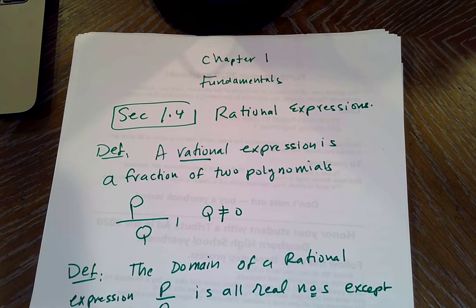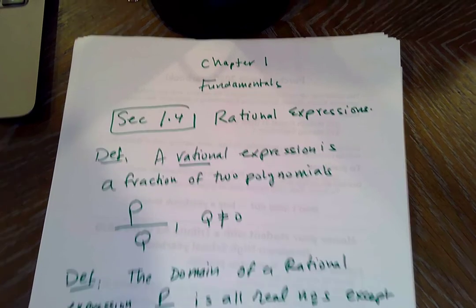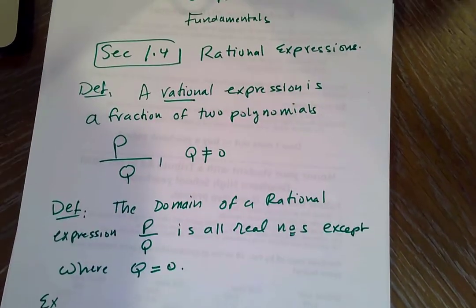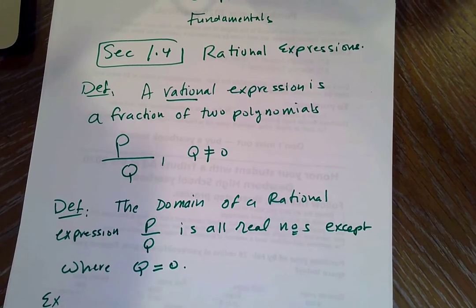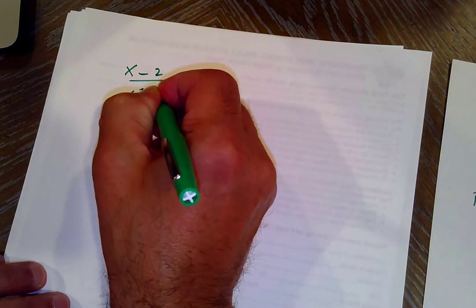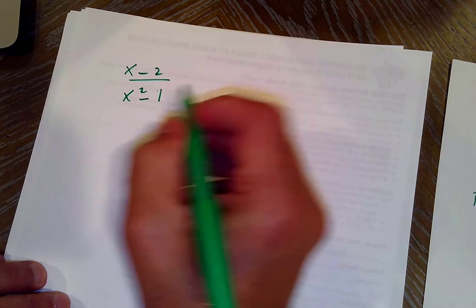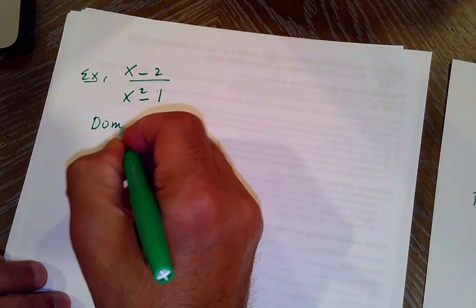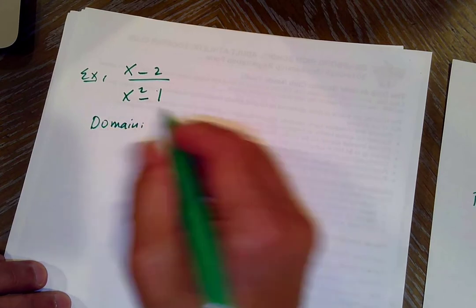So some examples about rational expressions. x minus 2 over x squared minus 1. Now if you want to find its domain, it's all real numbers except where q is 0.